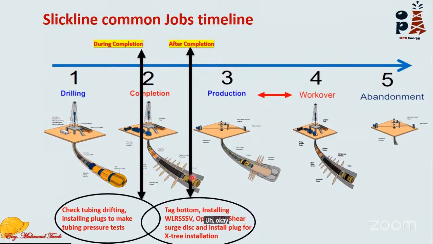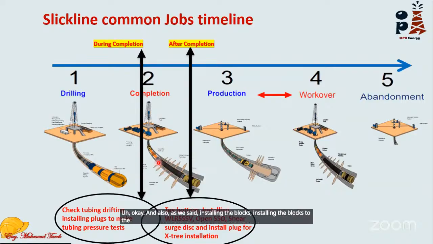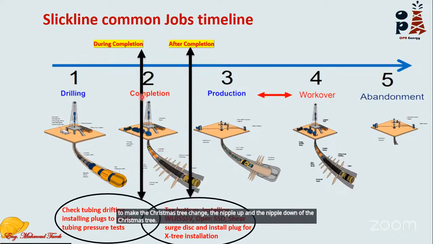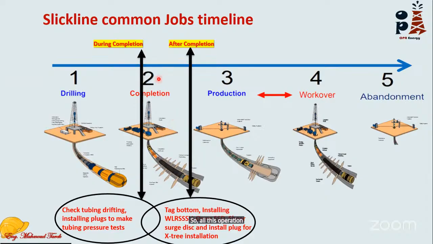Okay, and also, as we said, installing the plugs to make the pressure tests, and also to make the Christmas tree change, the nipple up and the nipple down of the Christmas tree. All this operation during running in hole with the completion or after the completion will be performed by the Slickline.